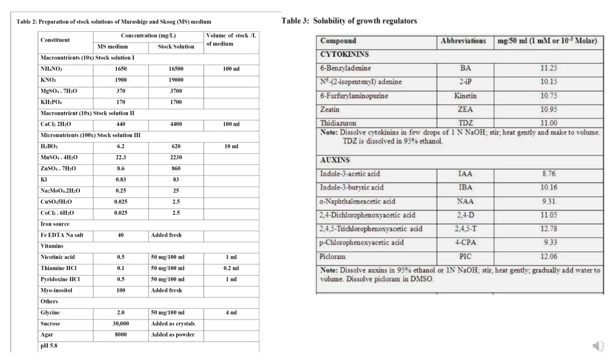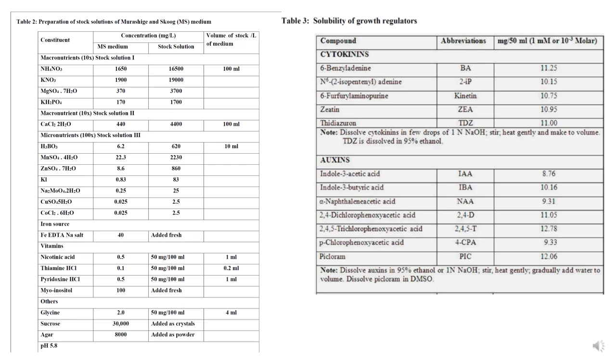So we have to see whether these can be dissolved in water or some other solvent, and accordingly we can add the growth regulators to our basal media which we have prepared using macronutrients, iron, EDTA, sucrose, and agar-agar.